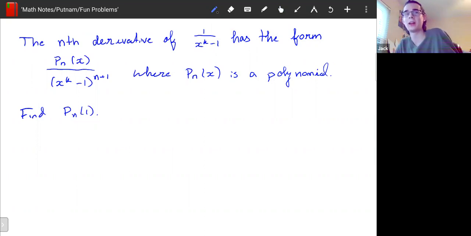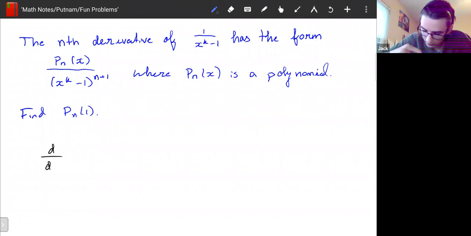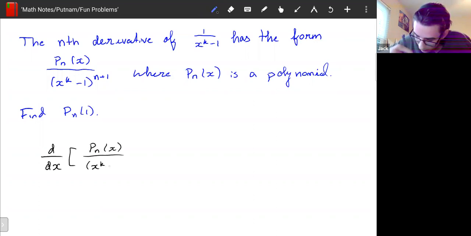So instead of an explicit way of representing p sub n, I decided to try to find some sort of recursive relation with p sub n and its previous terms, like p sub n and p sub n plus 1, right? So what I did was take the derivative of p sub n of x over x to the power of k minus 1, to the n plus 1.